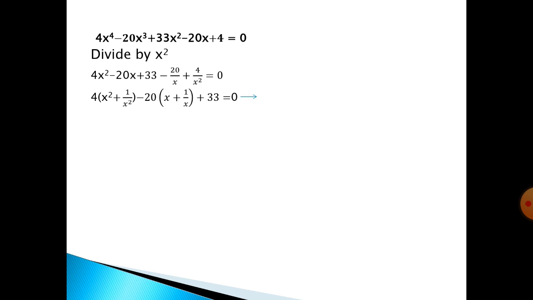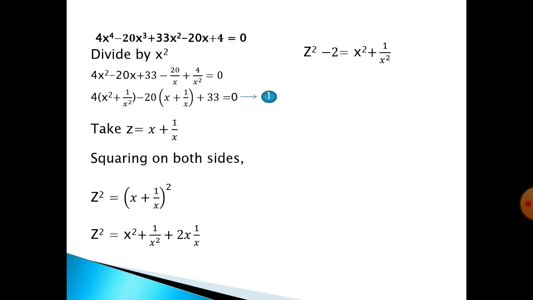Now take this equation as the first equation and then take z is equal to x plus 1 by x. On squaring both sides, we write z square is equal to x plus 1 by x whole square. On expanding it, we write z square minus 2 is equal to x square plus 1 by x square. Substitute these values in the first equation.